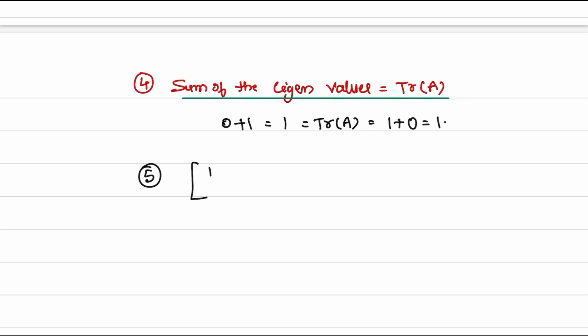Matrix is [1 0; 0 0]. Now this is the principal diagonal. Above the principal diagonal 0, below the principal diagonal is 0. That implies it is symmetric. What is the property of this matrix? A square is equal to A. It is symmetric.